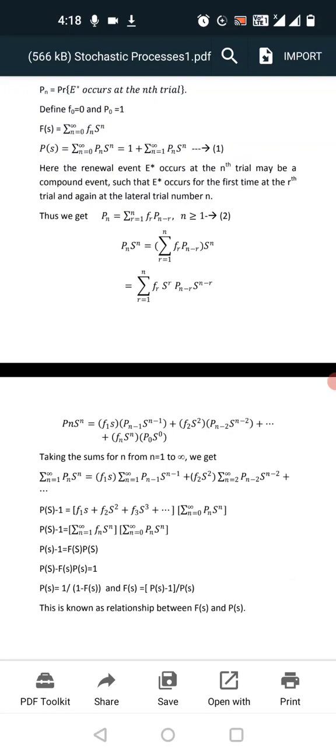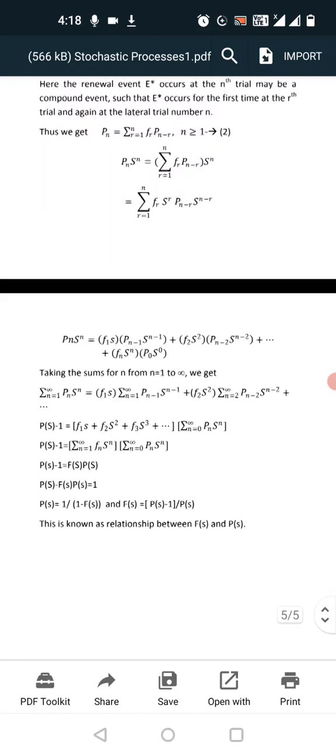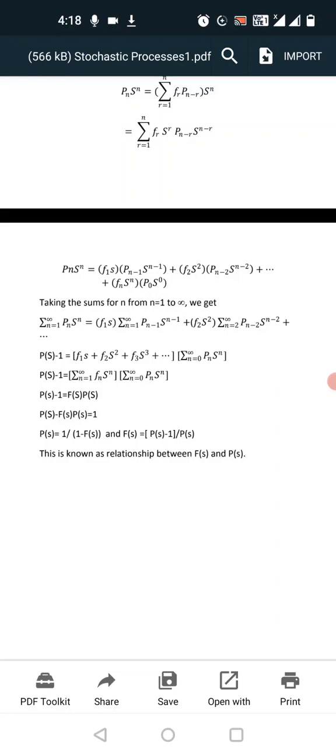Consider the term f1 s plus f2 s square plus f3 s cube etc., into the summation n equal to 0 to infinity pn s power n. The f1 s plus f2 s square etc. is denoted by the summation n equal to 1 to infinity fn s power n, and the other term is the summation n equal to 0 to infinity pn s power n. This term is denoted by P of s, and this term is denoted by F of s.